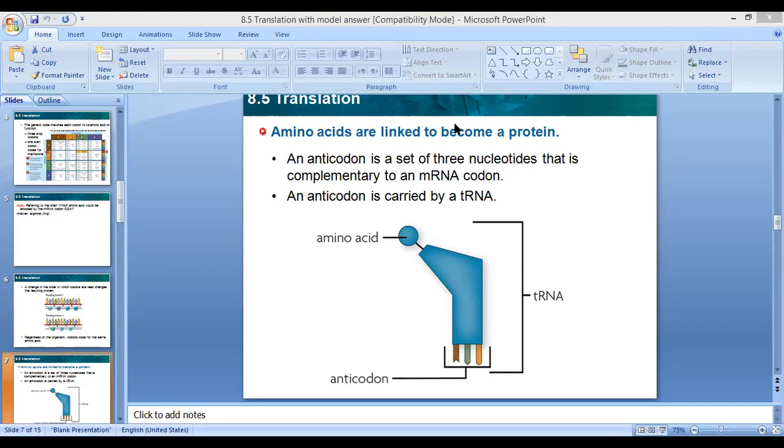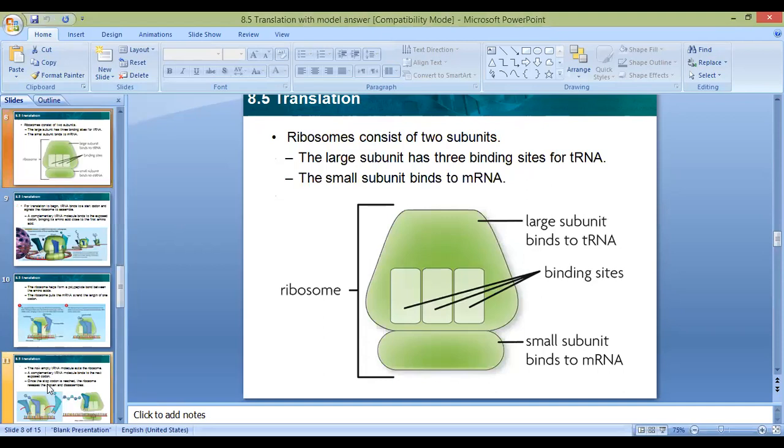First, the ribosome. I will show you here. The ribosome is the main organelle that makes a protein. The ribosome has 2 subunits, a large subunit and a small subunit. The ribosome with the mRNA, with the tRNA, with the rRNA will work together to make the protein.